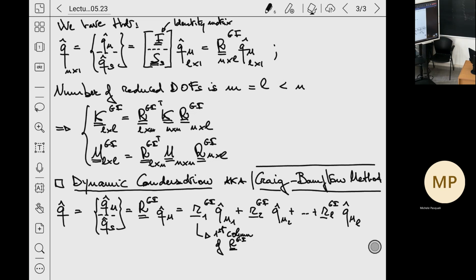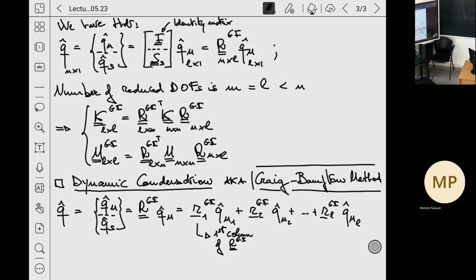So in this case you can think of this r vector as the displacement field associated to the correspondent master node, where everywhere else they are 0, but they are 1 in correspondence of that node. We can use an image to better explain this concept.